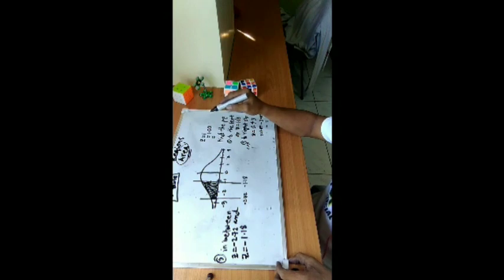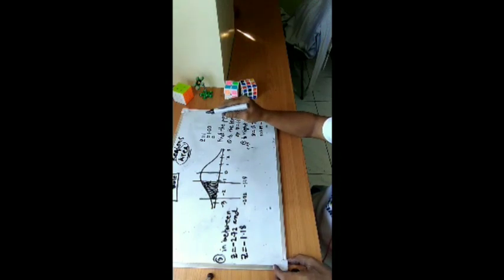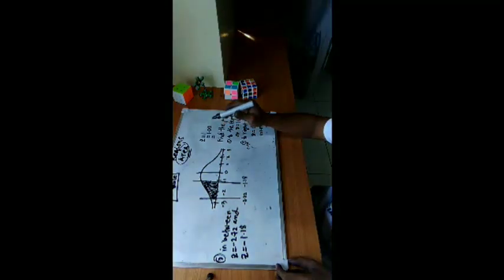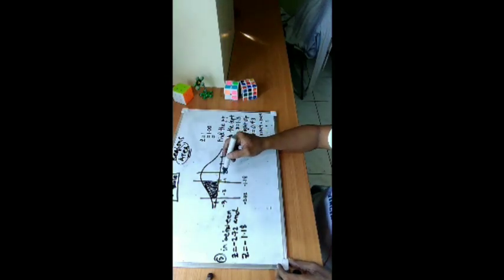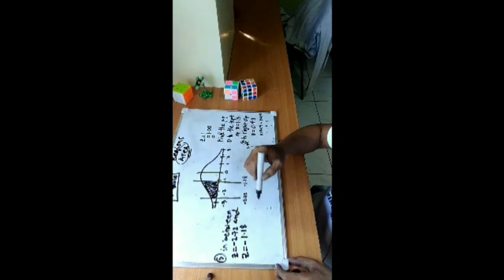Negative values are only found on temperature. But if we are to find area or length or width, there are no negative values. That's why even if the z-scores are negative, it yields a positive result.